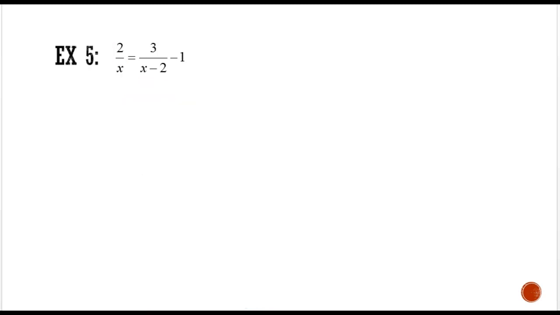Okay, let's try another one. Let's see, what can we multiply through by to get rid of our denominators? All right, so I'm going to rewrite my problem. Feel free to pause the video and try it on your own, or keep watching.